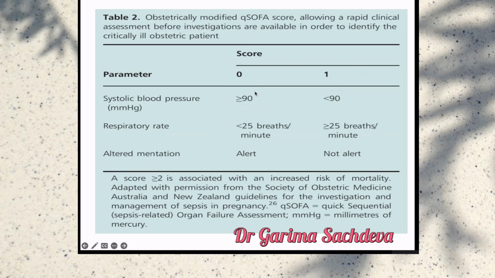SBP more than or equal to 90 is 0, less than 91 is 1. Respiratory rate less than 25 is 0, more than or equal to 25 is 1. Altered ventilation, if the patient is alert, that is 0, not alert, it is 1. So the three parameters are SBP, respiratory rate, and altered ventilation. If it is more than or equal to 2, same as the SOFA score, along with evidence of infection, it is called sepsis.